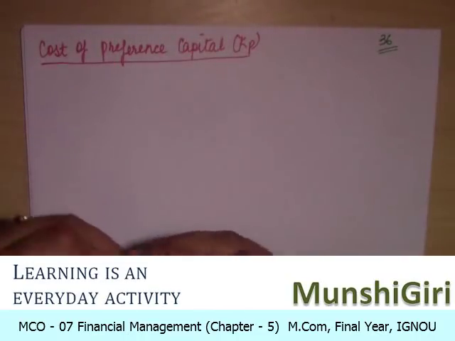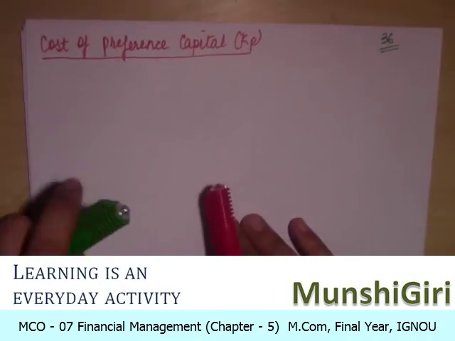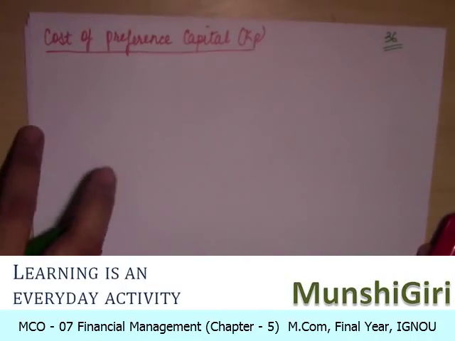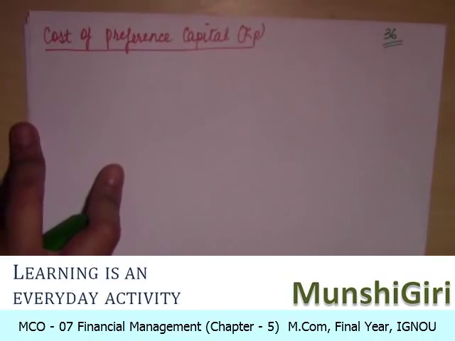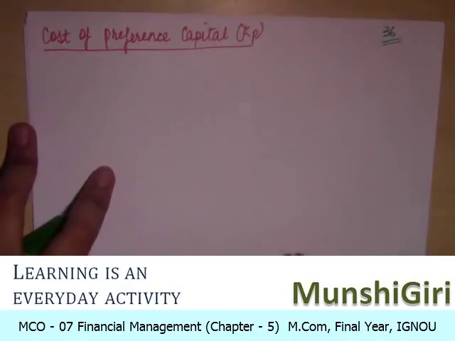Now here what we are trying to calculate is, when a company issues preference share capital, what is the cost of issuing such preference shares? Well, it's simple. The company pays dividend on preference shares. So whatever the company is paying as dividend is the cost to the company. Further, dividend paid is not tax deductible, as the company is not allowed to claim dividend paid as an expense.